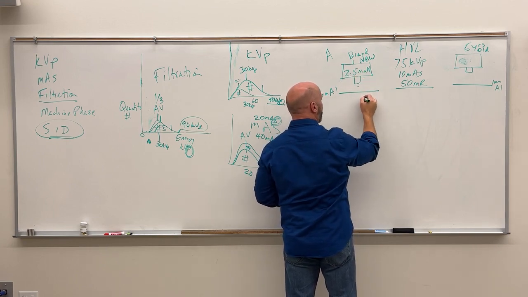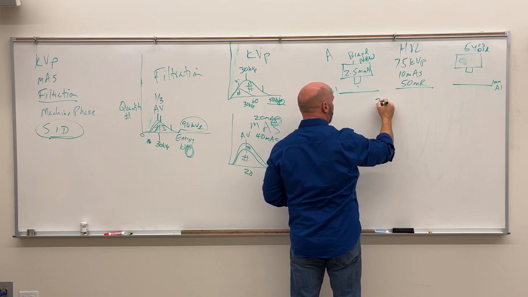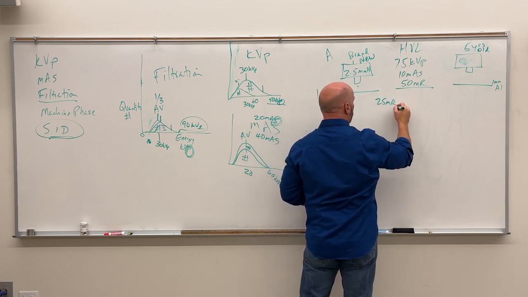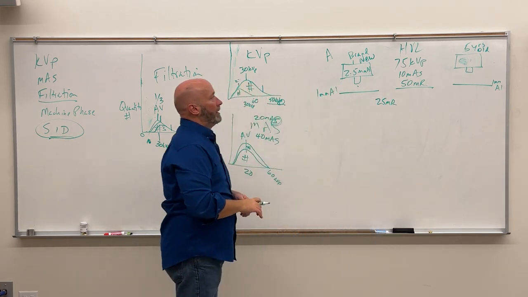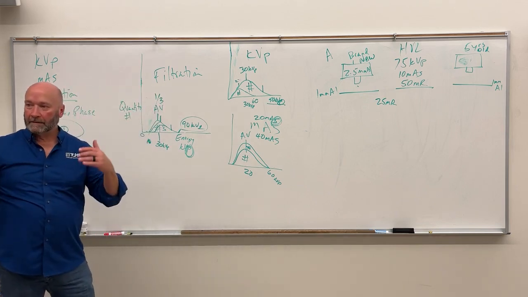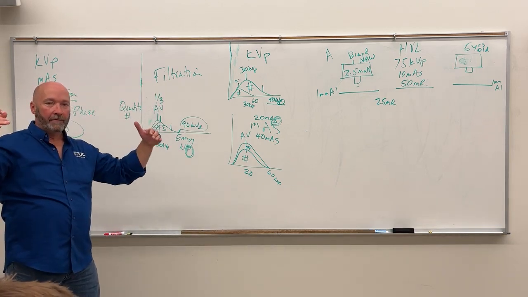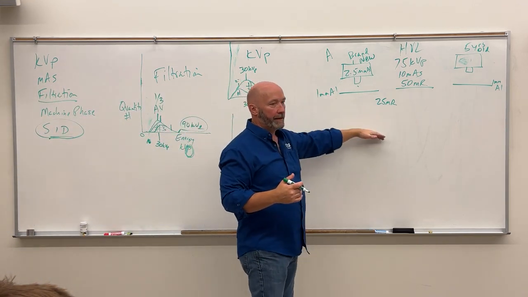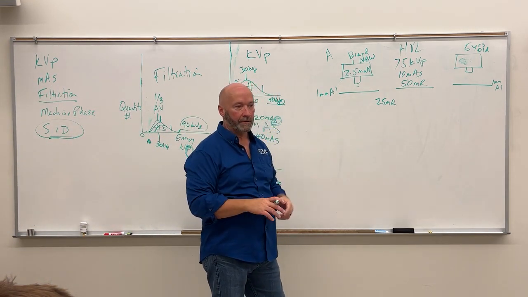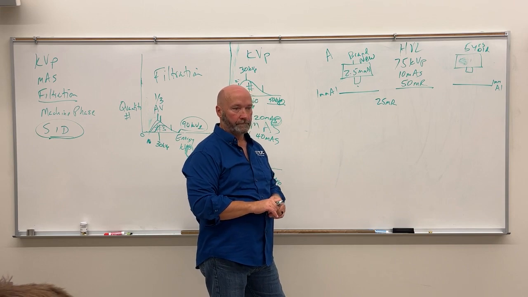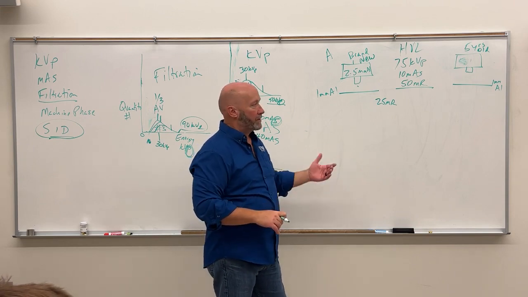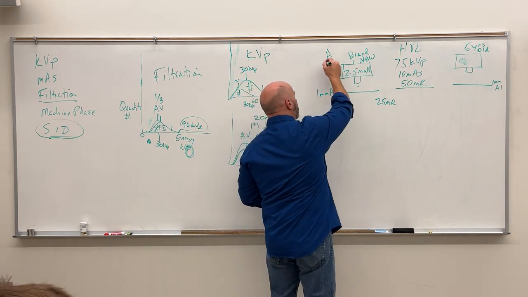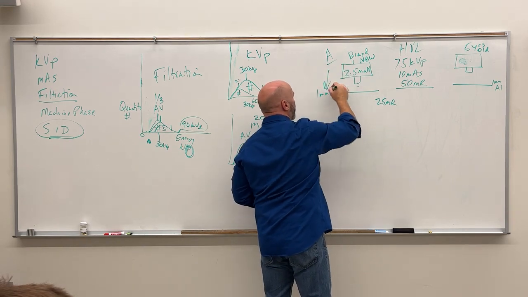Coming through that, we cut that down with that 1 millimeter of aluminum to 25 MR, okay? Half value layer means the amount of an absorber it takes to cut the intensity of the X-ray beam in half. Did we accomplish that here? Yes, we did. So the half value layer of tube A is 1 millimeter of aluminum.